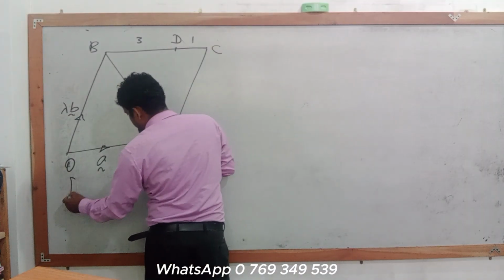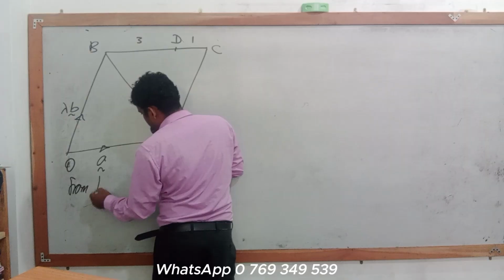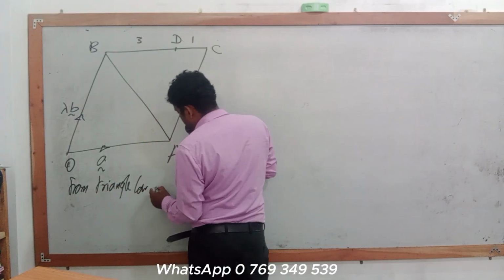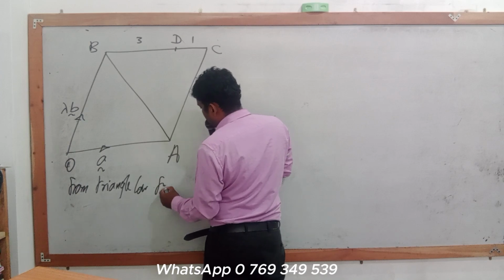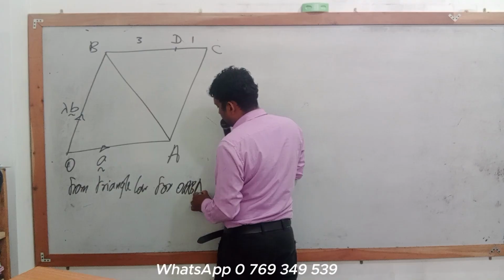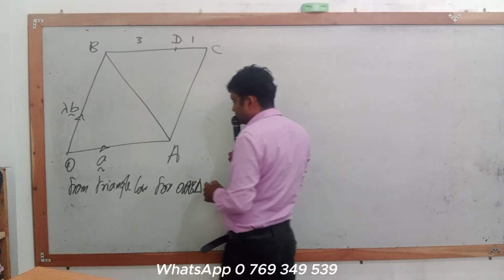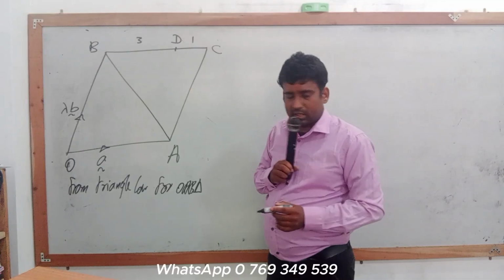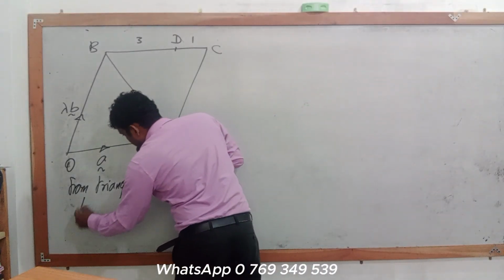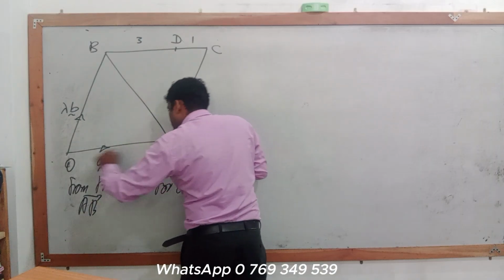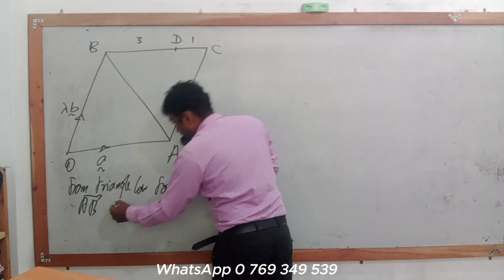From the triangle law, for the OAB triangle, we have to find AB, no? Yes, AB. AB equals AO plus OB.